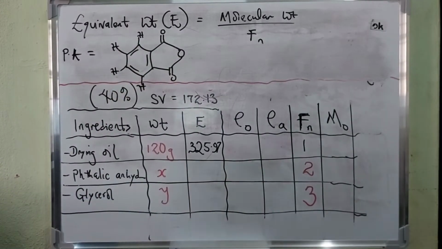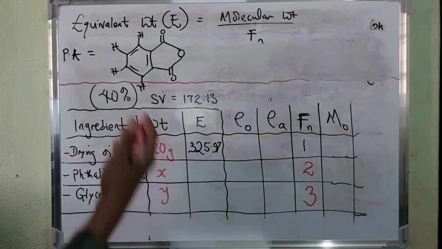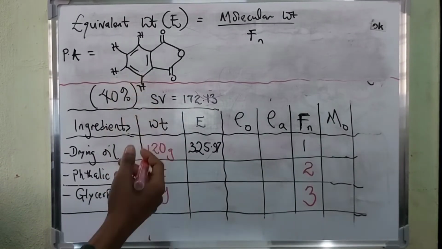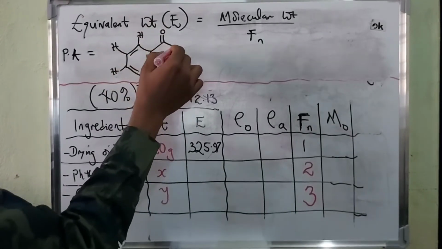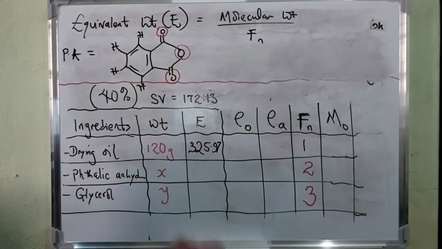Looking at it, we sum the total atomic weight to find the actual molecular weight of this compound. So how many oxygens do we have? We have 1, 2, and 3.